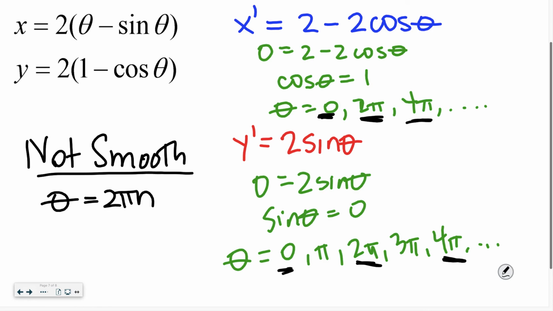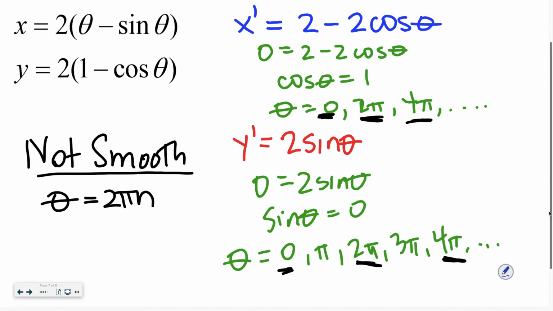Because our y derivative is 0 at pi and 3 pi and 5 pi, etc. What do you think that means? It is smooth, but more specifically, what else would be happening? Is this the piecewise smooth?